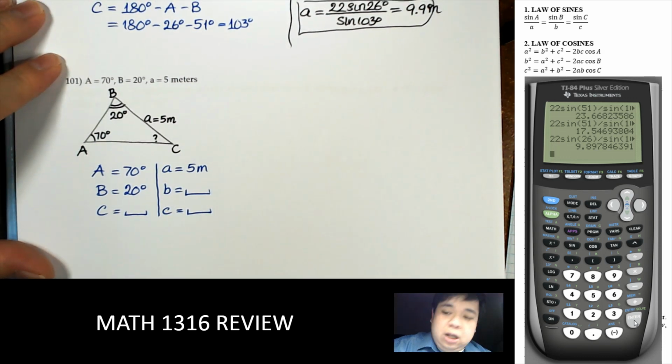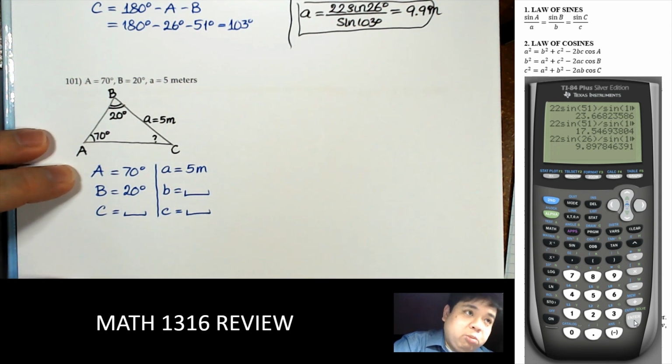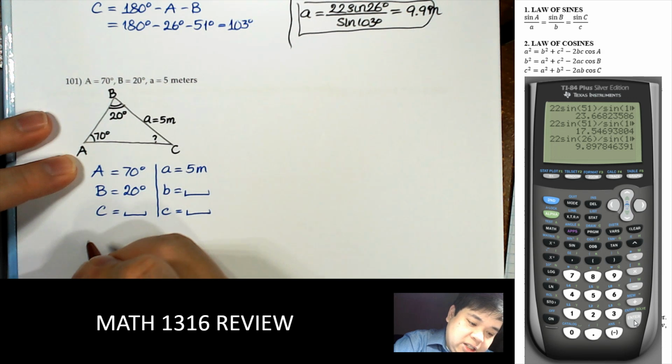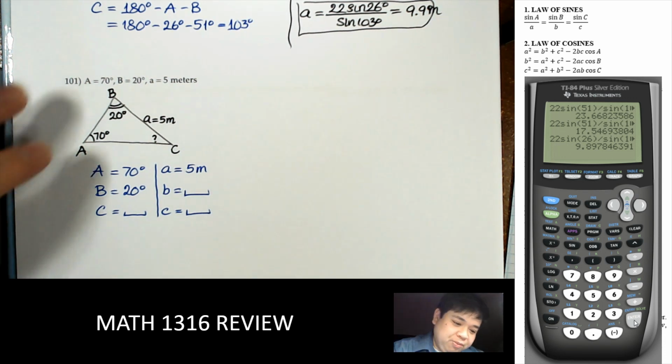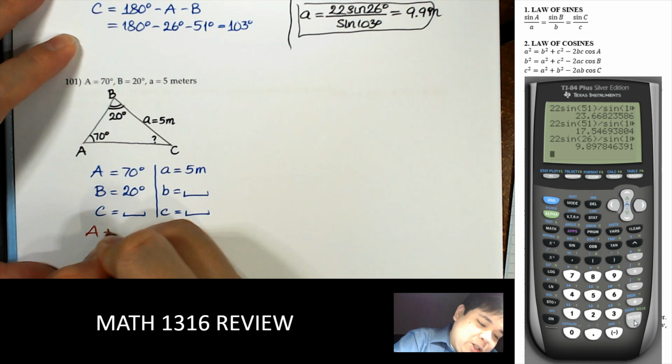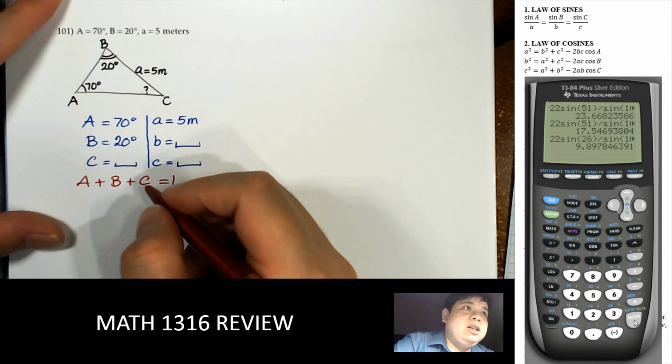As always, if we know two angles, just find the third one immediately. That is easy. By the way, 70 and 20 will be 90 degrees, so this is not really an oblique triangle, but that's fine. You can always do that. A plus B plus C is 180 degrees.